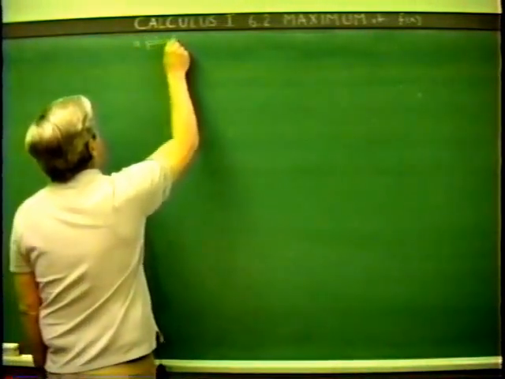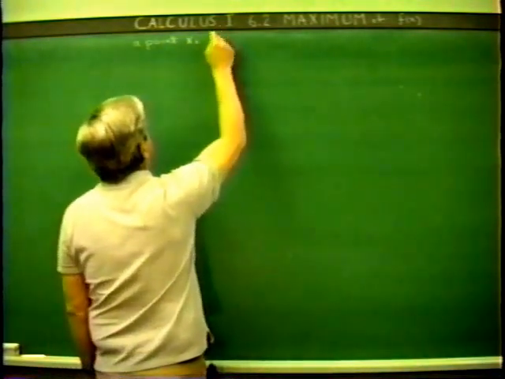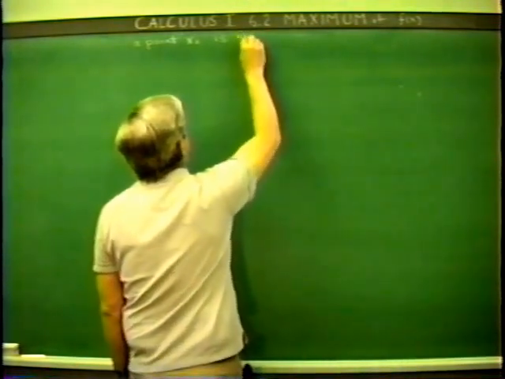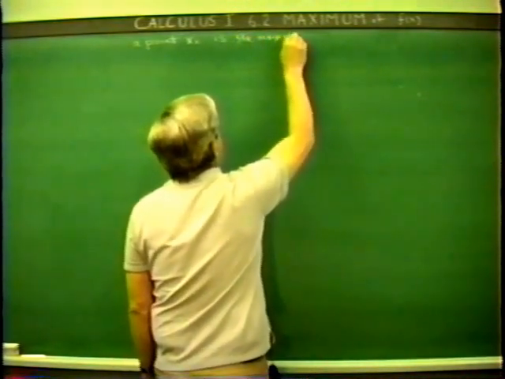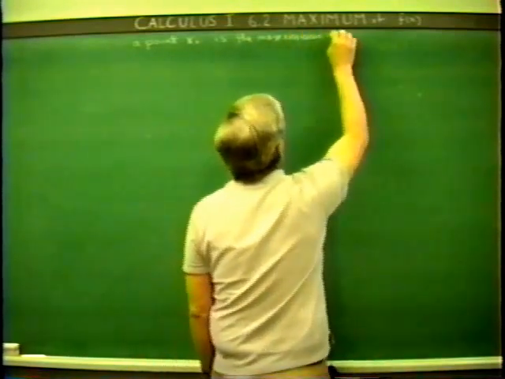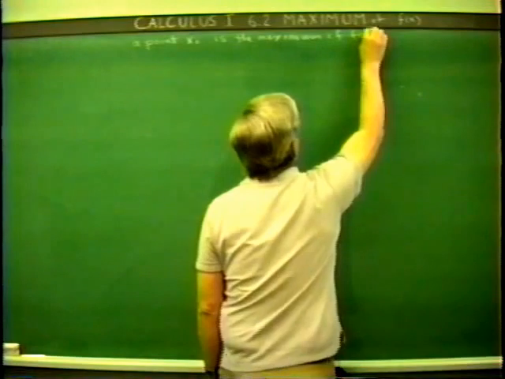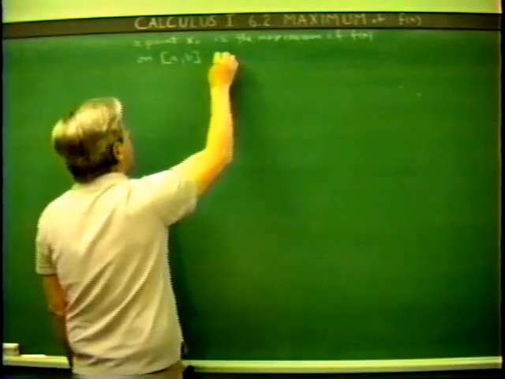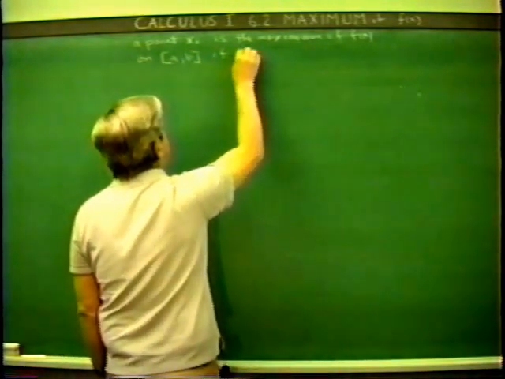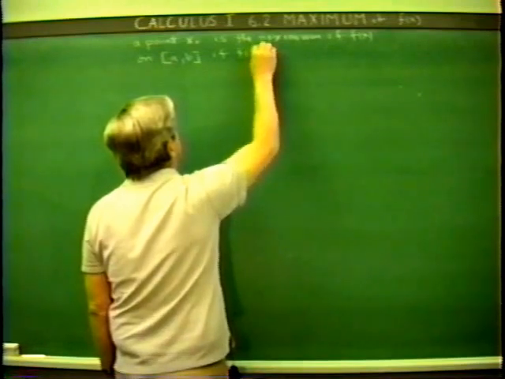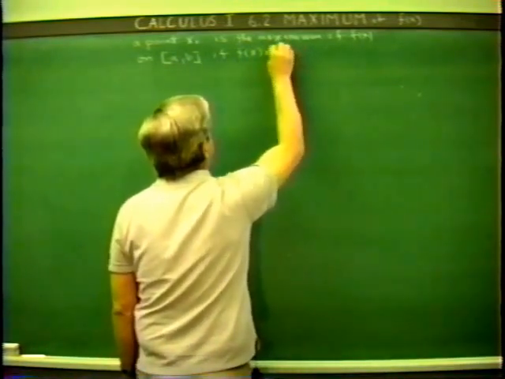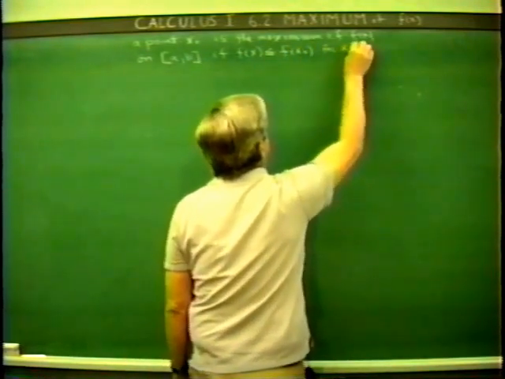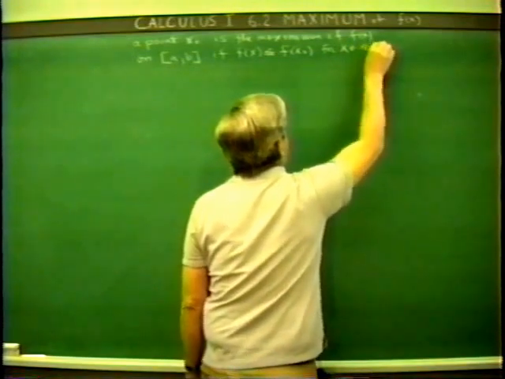A point x naught, right, this is a little bit confusing, but it's the terminology that's used frequently, is the maximum of f of x on, again, we're going to be interested in closed intervals, but this would make sense on any set, on AB, if f of x is less than or equal to f of x naught for all x in AB.